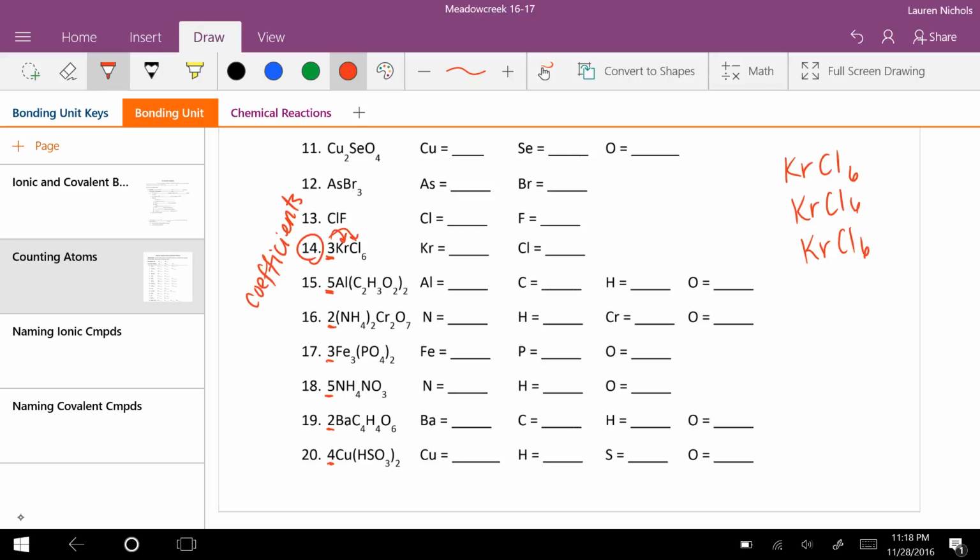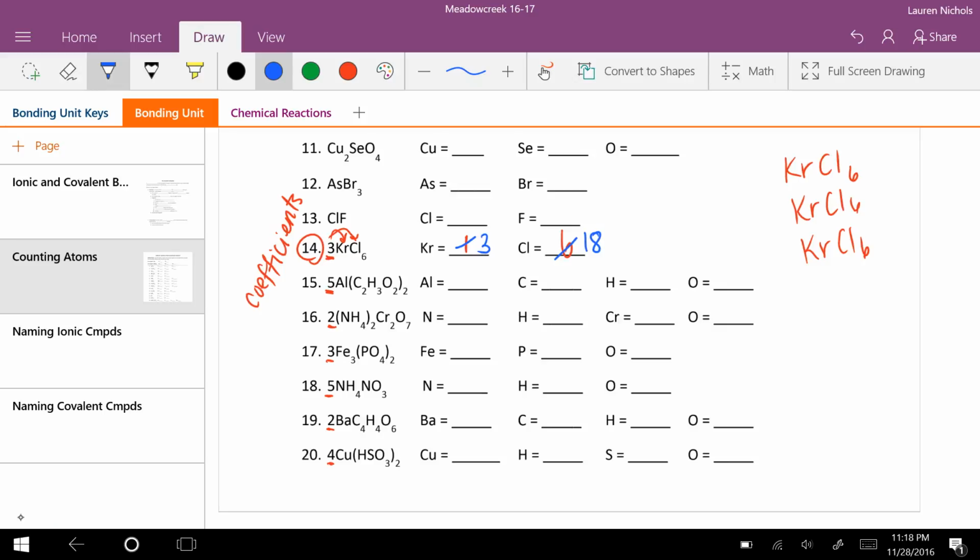So if I write how many I had initially, I had 1 chromium and 6 chlorines, or excuse me, 1 krypton and 6 chlorines. But with that 3 there, 3 times 1 is going to give me a final number of 3, and 3 times 6 is going to give me a final answer of 18.